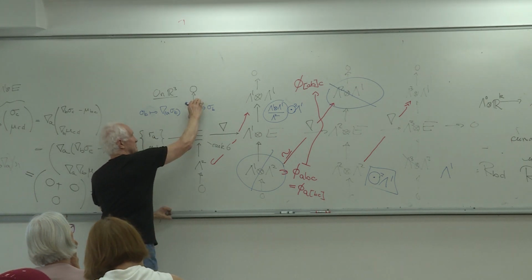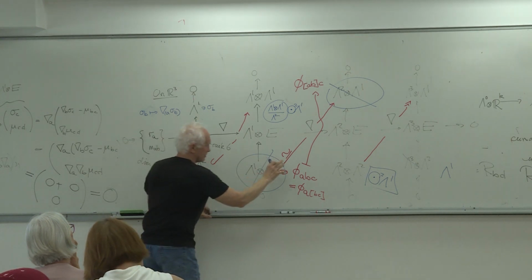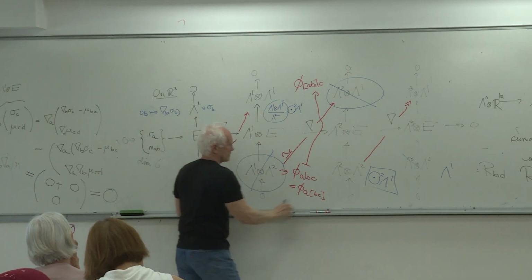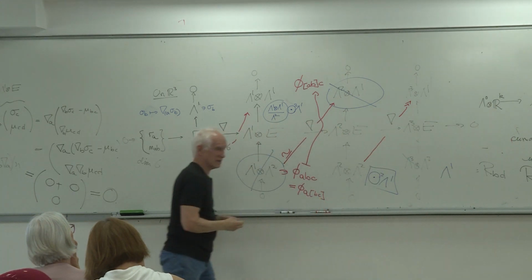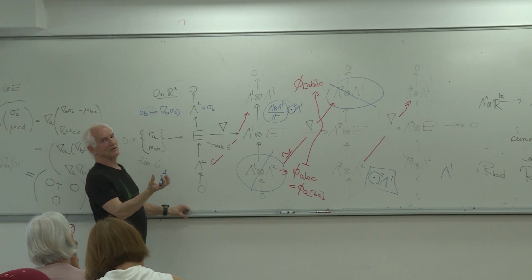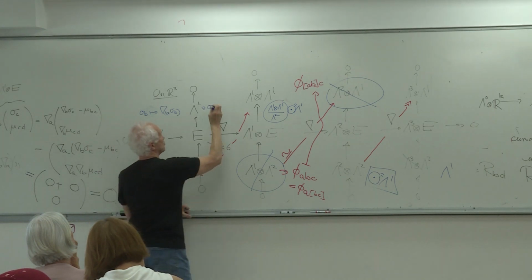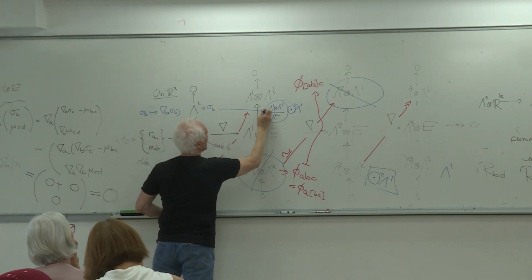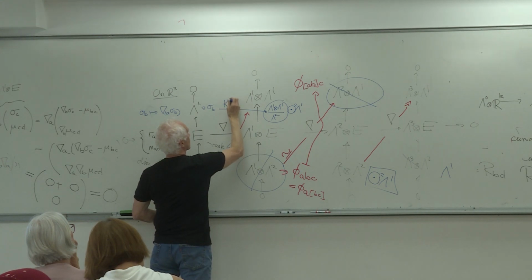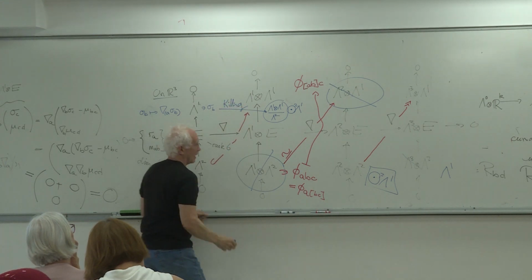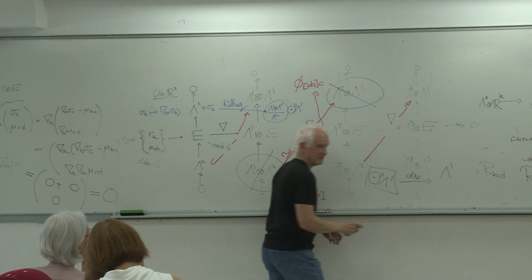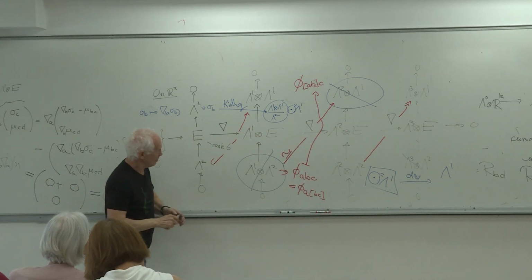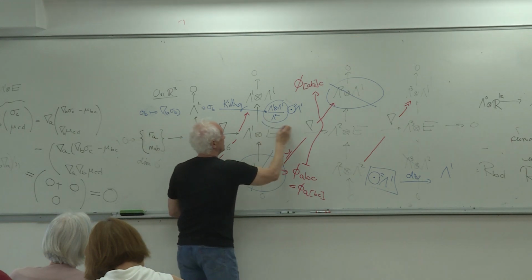You've got 1 forms, just vector fields. You've got symmetric 2 forms here. You've got symmetric 2 forms here. And here you've got just vector fields again. And these things acquire differential operators between them. This one here is the Killing operator. This one here is taking the divergence. Everybody will believe that.